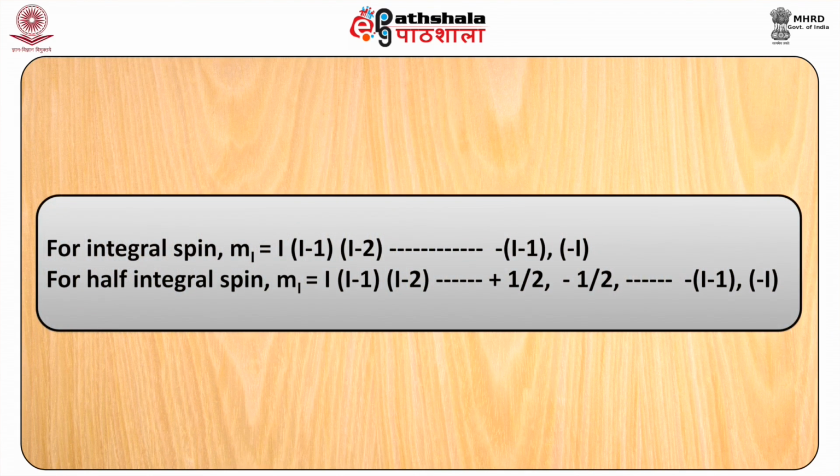For integral spin, Mi is given from I, I minus 1, I minus 2, up till minus I minus 1 to minus I. For half integral spin, Mi can have the values ranging from I, I minus 1, I minus 2, up to plus half, minus half, up till minus I minus 1 and minus I.